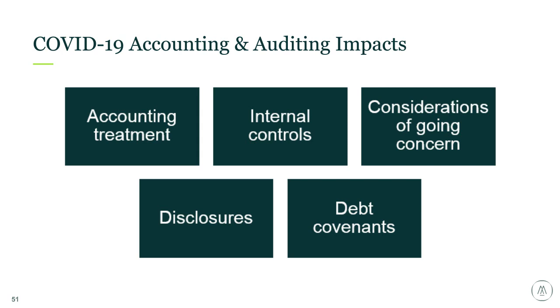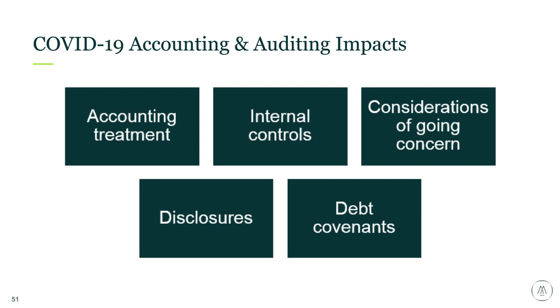Going concern is something else that should be considered. As you know, the standards require that you assess your organization's ability to continue as a going concern, and that is for 1 year after the financial statements are issued.